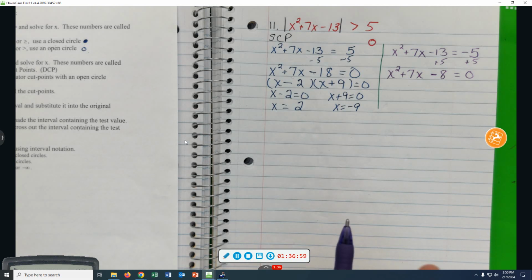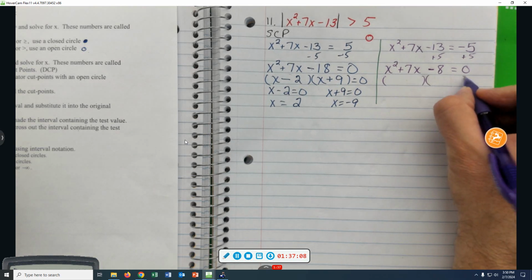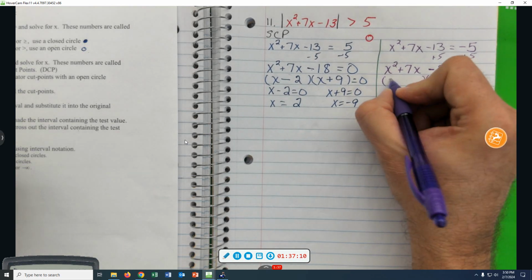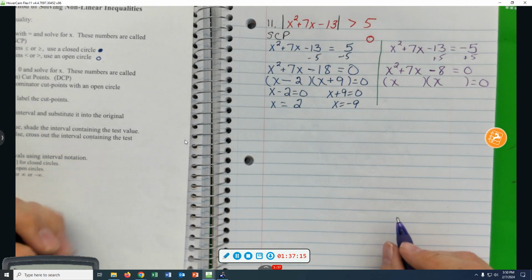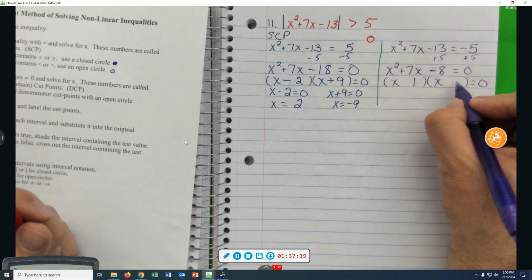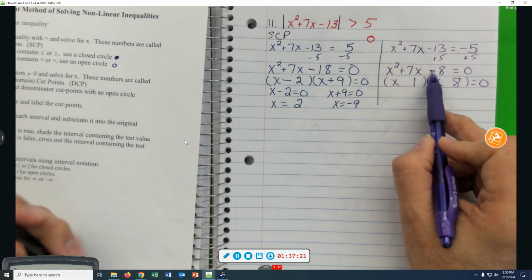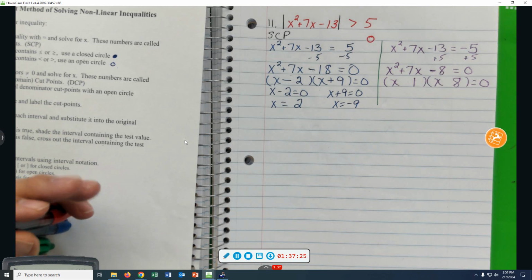Y'all caught up with the x squared plus 7x minus 8? Draw your 2 sets of parentheses. And is it going to factor nicely, or did I lie to you? X and x. 1 times 8 or 2 times 4? 1 and 8. Second sign is minus, so 1 plus 1 minus. How should I arrange it?